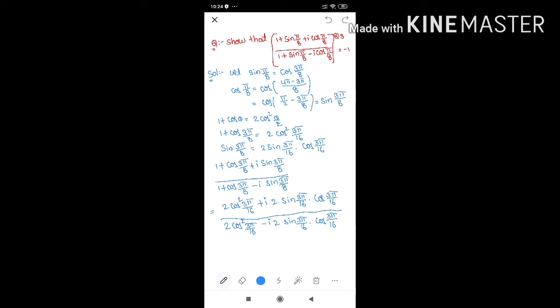So in numerator and denominator we can take common 2 cos 3 pi by 16.